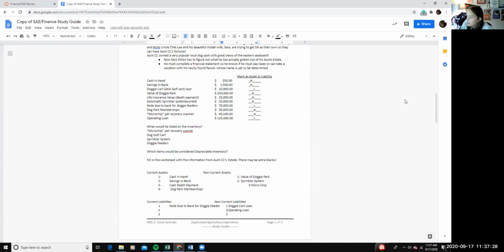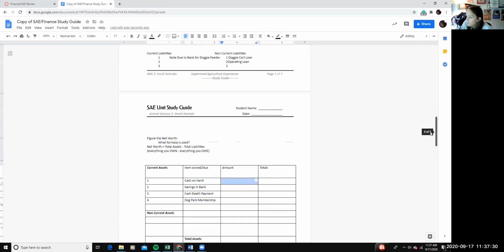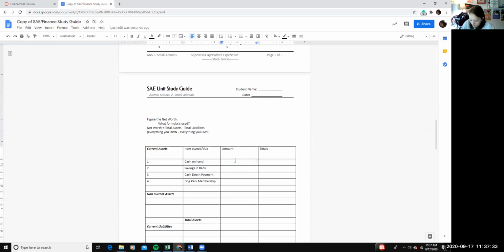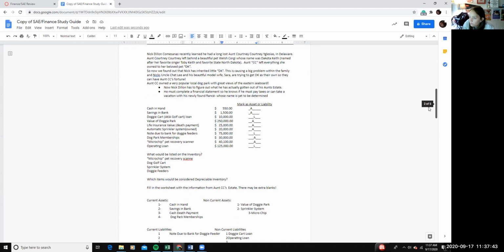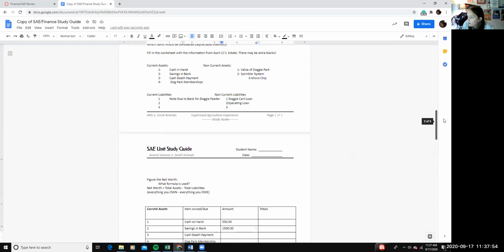So $550 and $1,500. Death payment is $25,000 and $30,000 for dog park membership.